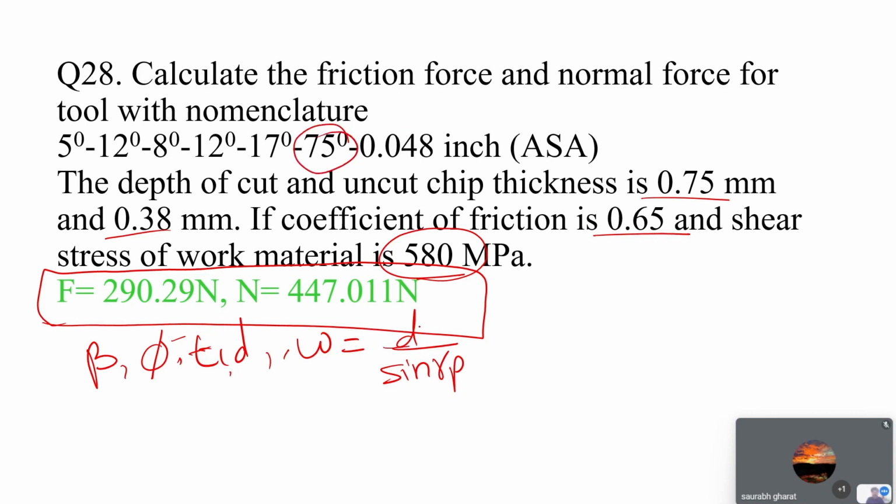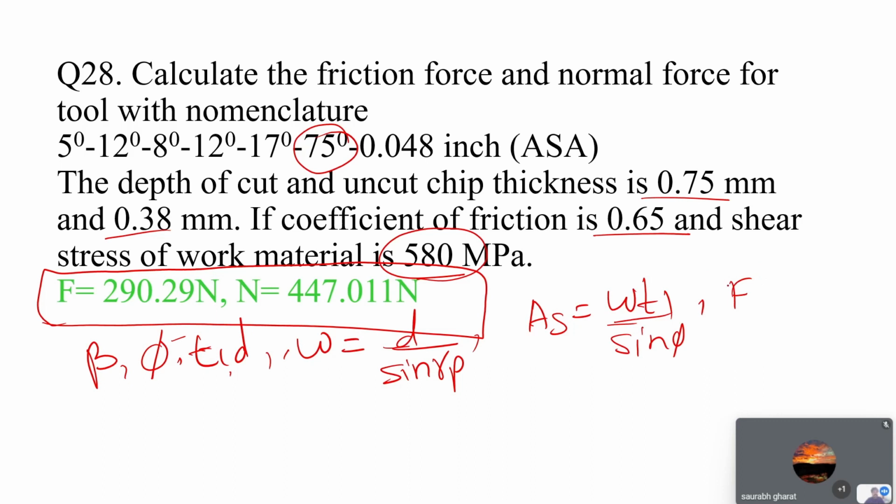So from that we can find out W, and from W we can find out the area, which is W t by sine phi.